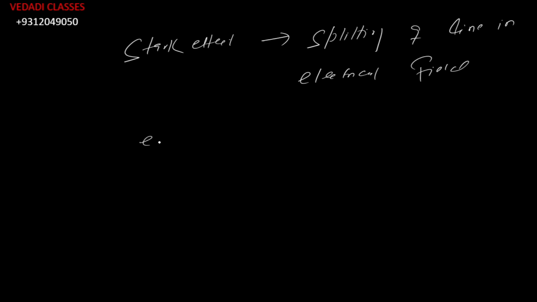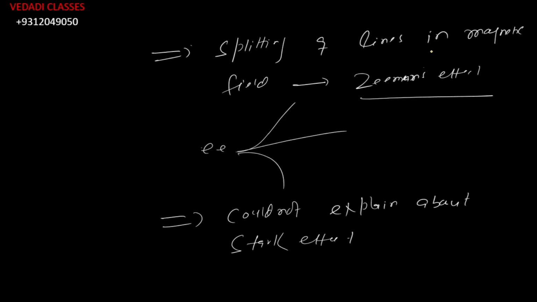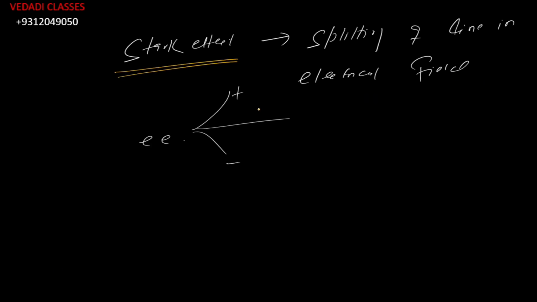Suppose we have the electronic lines and we put plus and minus charges. Some electrons move this side, some this side. Splitting of lines in an electrical field is known as the Stark effect, and in a magnetic field it is the Zeeman effect. He couldn't explain these two.